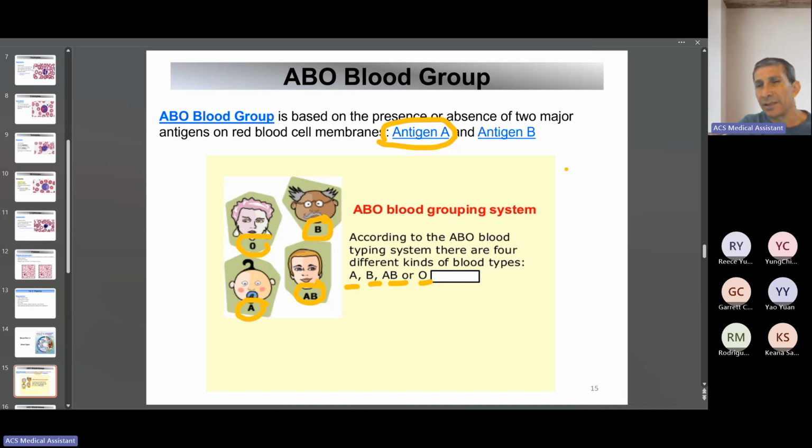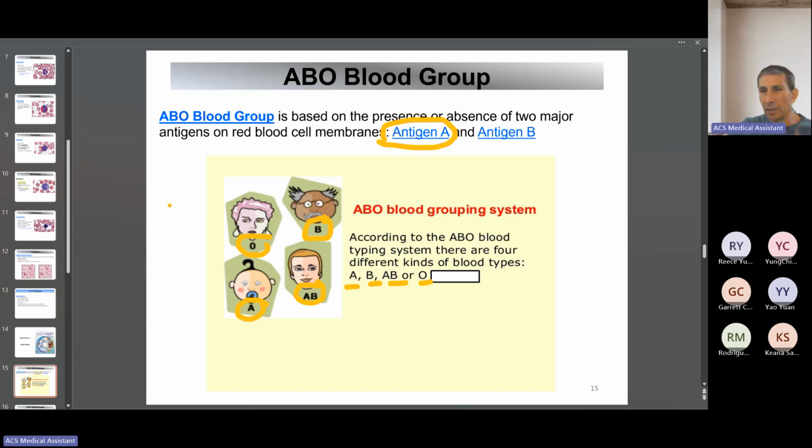We have antigens and antibodies within the cell. That's what determines whether your blood type is positive or negative. It is A positive, A negative, B positive, B negative, AB positive, AB negative, or O positive or O negative. It has to do with antibodies and antigens within the cell.